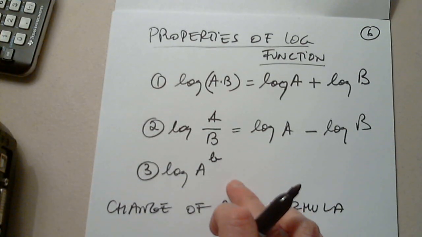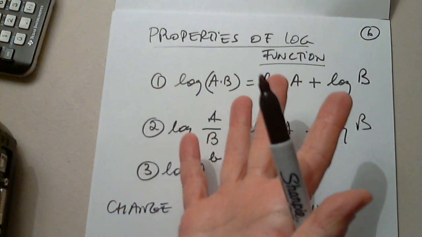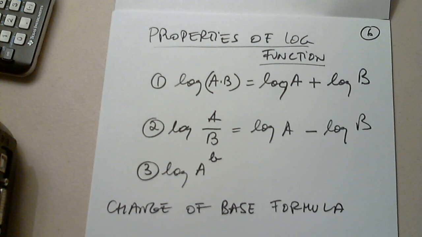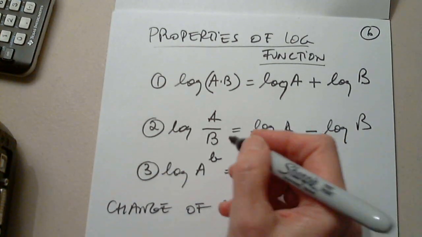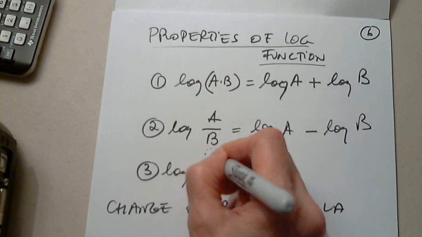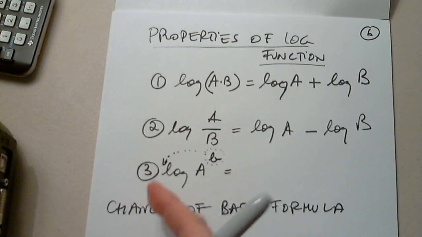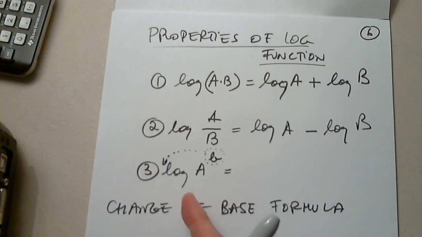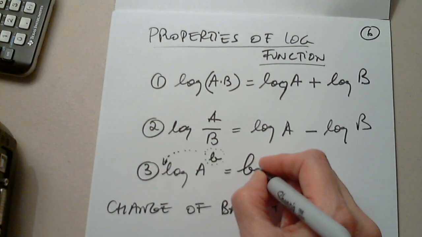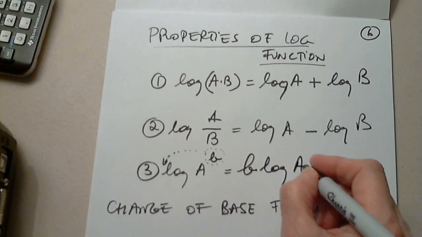And this one is the one that you already told me to apply, but I wanted to review all of them and put all of them together. This power goes in front as a factor, not plus or minus, multiplied: B times log A.